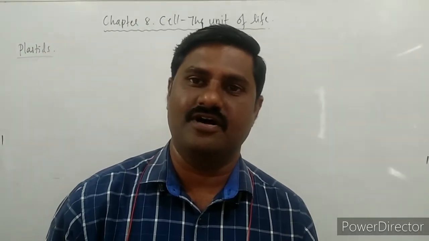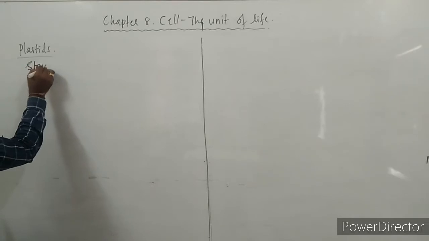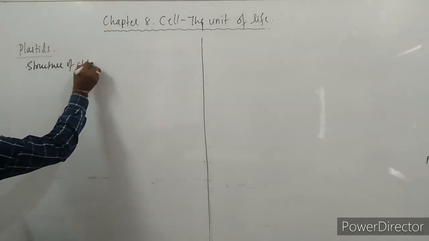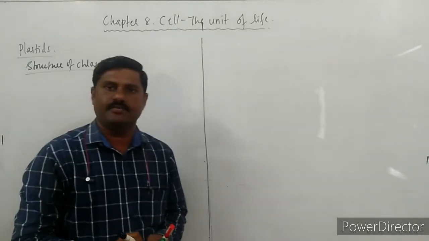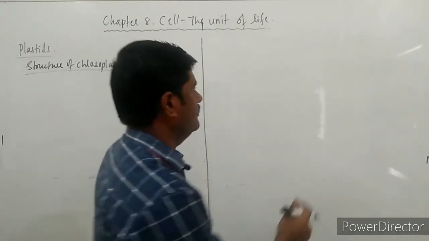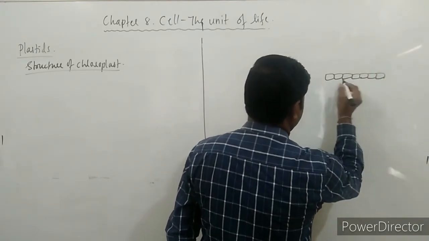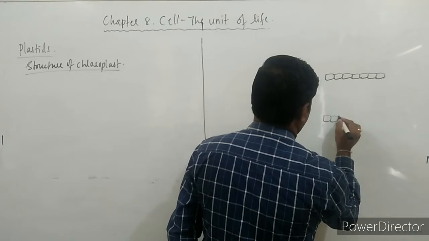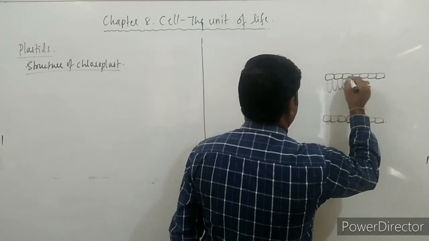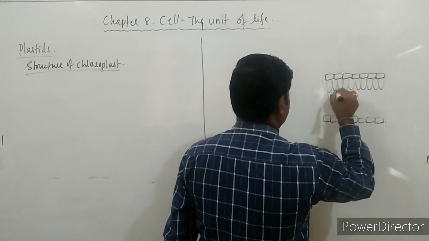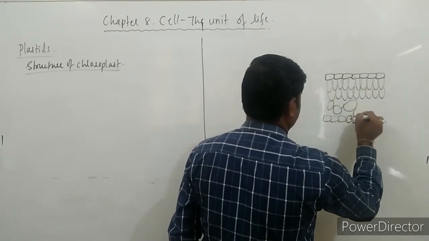Let us start with the structure of the chloroplast. Whenever you see the mesophyll cells, this one is the upper epidermis, this is the lower epidermis, this is the palisade parenchyma, and this is the spongy tissue.